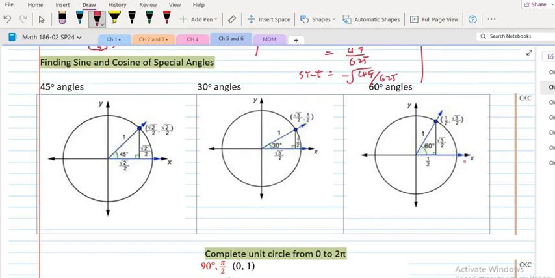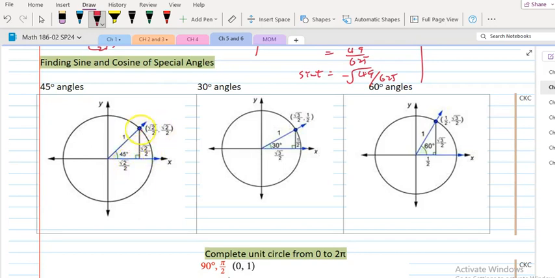For the first one, I move a 45-45-90 triangle into the unit circle with the hypotenuse being 1. Because the hypotenuse is 1, it coincides with the terminal side of the 45 degree angle, and the triangle has sides of root 2 over 2, root 2 over 2.